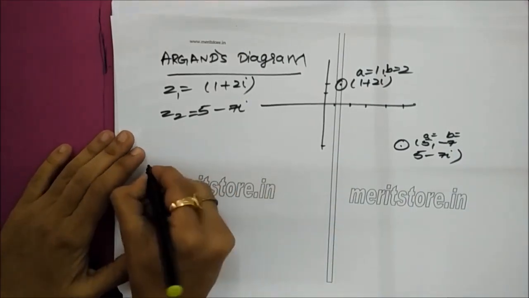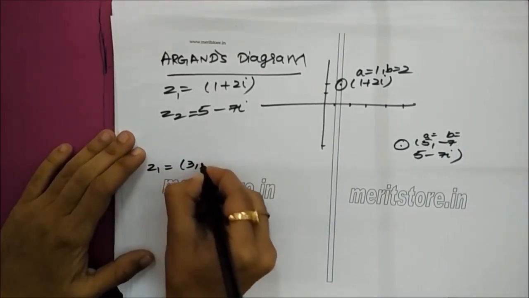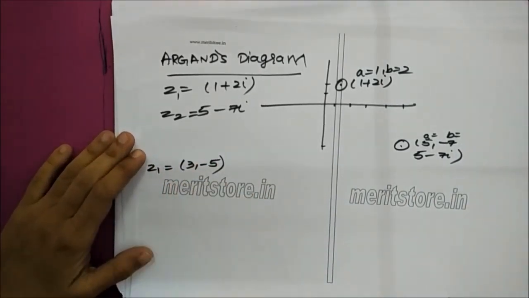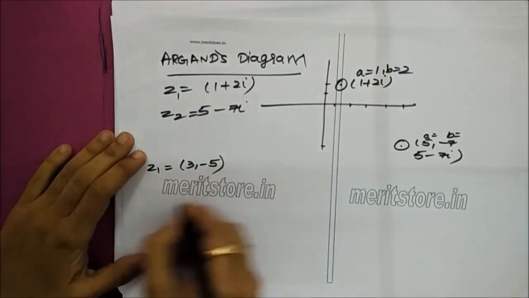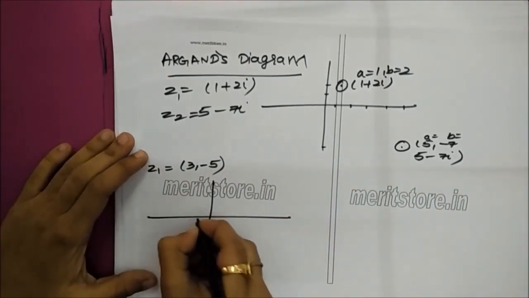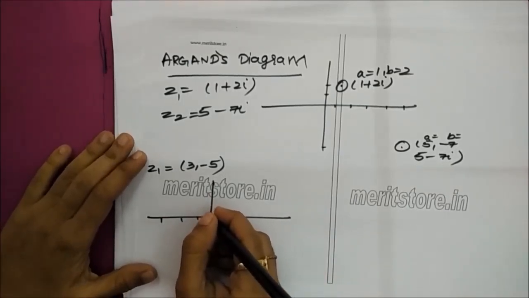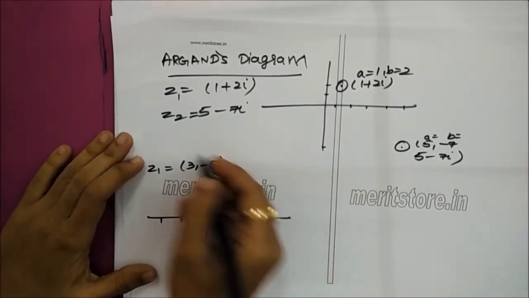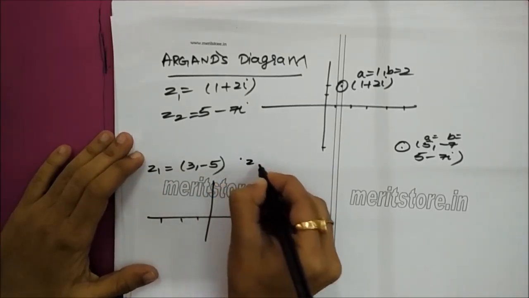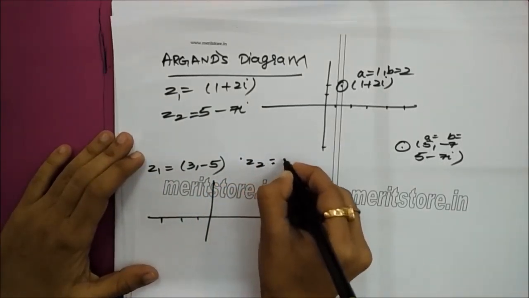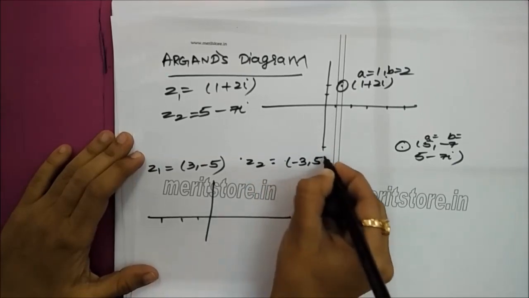Just points are given. Let's say z1 is 3 minus 5i. Where will you plot? So you will plot here 1, 2, 3. Let's take certain functions. z2 is minus 3 plus 5i.